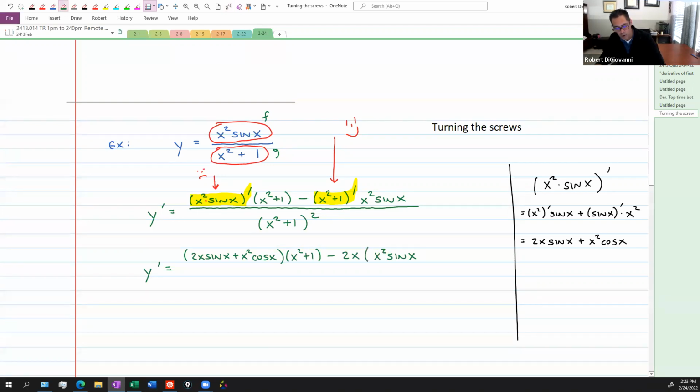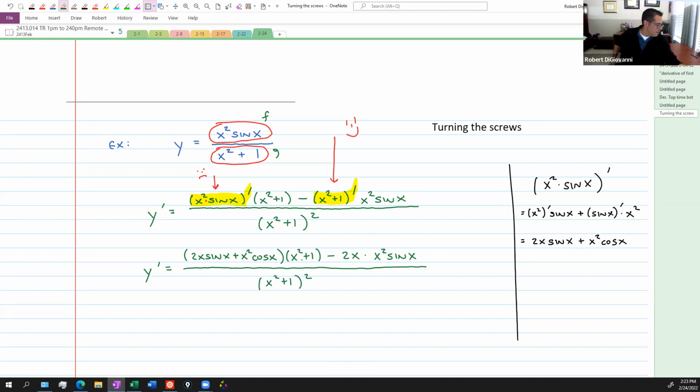Now, it would not be wrong to do that, but it wouldn't be necessary because you never have a distribution over the addition or subtraction because there is no addition or subtraction. All of that over the bottom squared, and that's your raw derivative. We're starting to have fun now.